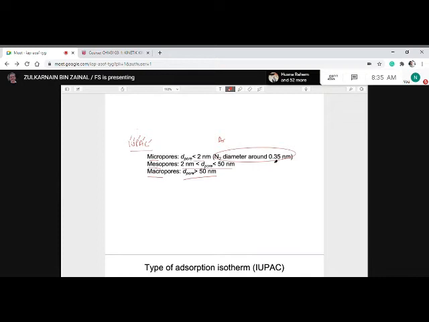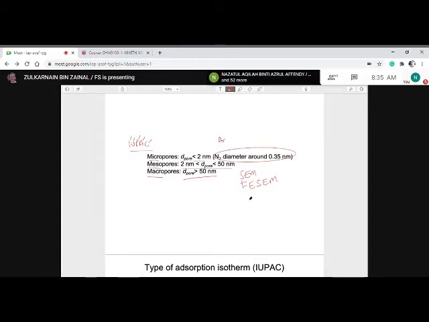You need a high magnification scanning electron microscope to be able to see the micropores. Normal microscope, like probably you have heard about SEM, scanning electron microscope, or FESEM, field emission scanning electron microscope. But these two microscopes will not be able to see the micropores and mesopores.